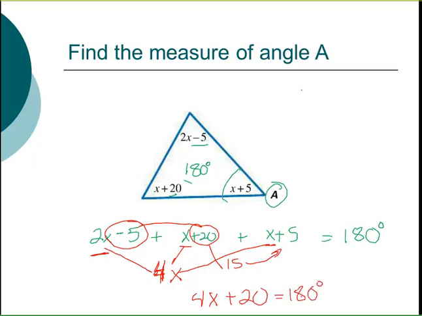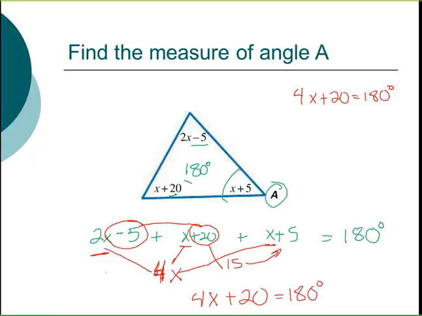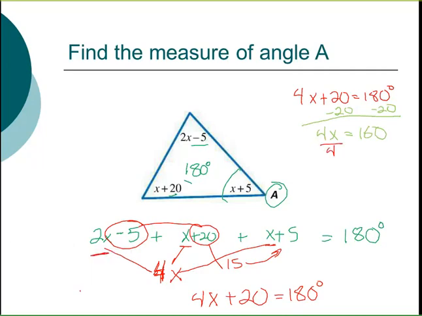Kind of running out of room there, so I'll write it up top. To finish solving, I subtract my 20 from both sides, and I get 4x equals 160. Divide by 4 to finish, and x is equal to 40.